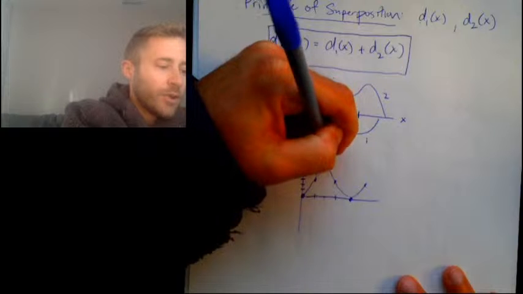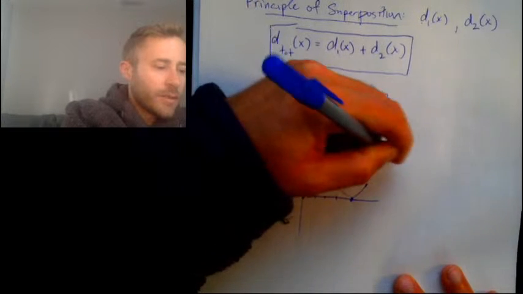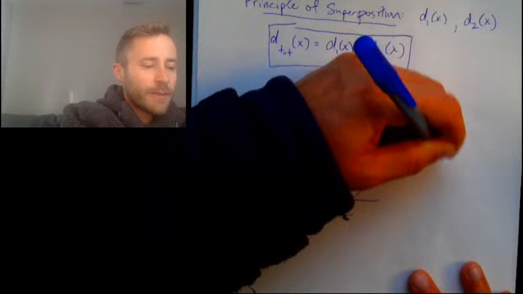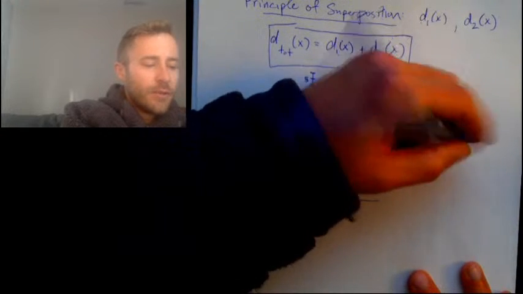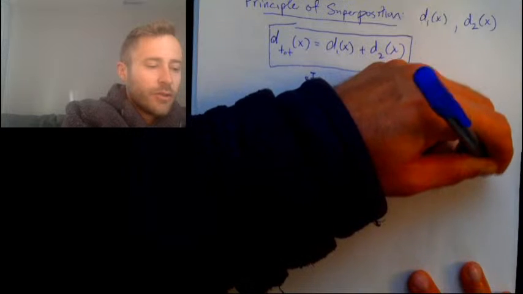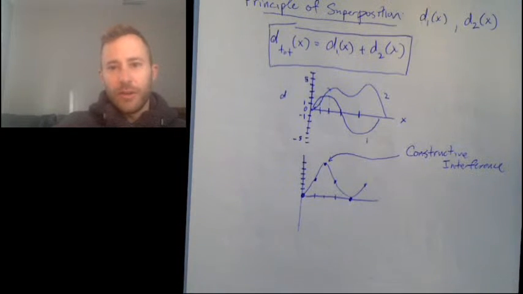So at this location we have what is called constructive interference. The two waves are combining together to make a bigger wave.